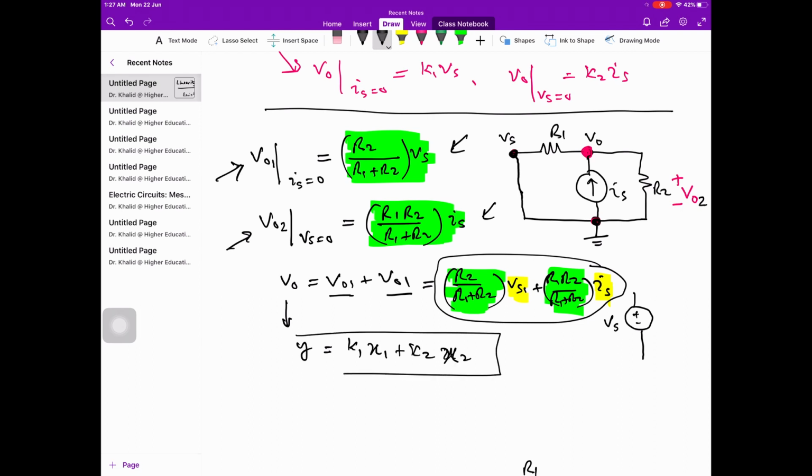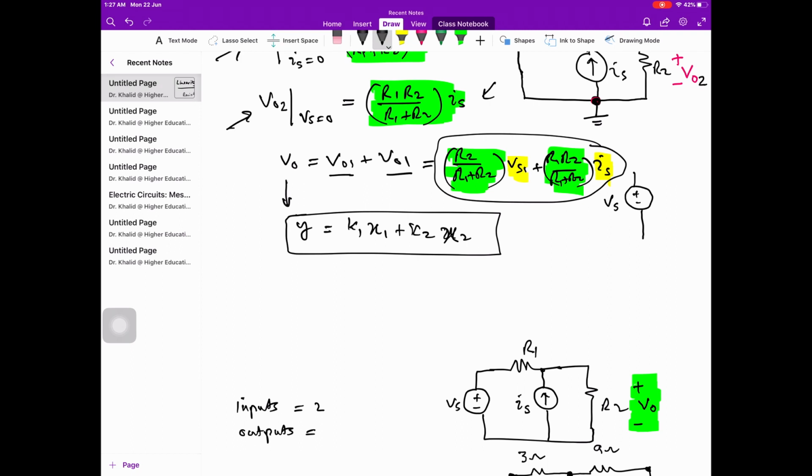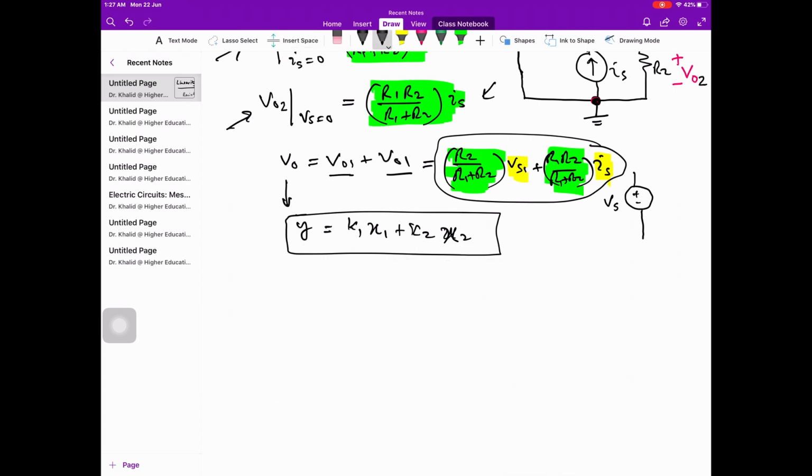So Y is a scaled sum of both inputs. We can express it in a figure, we can express it graphically.